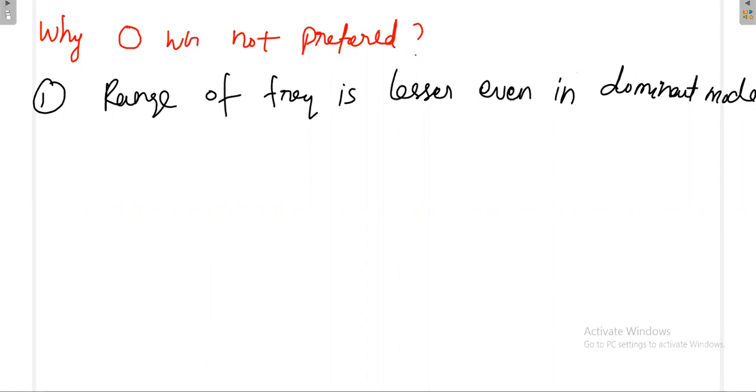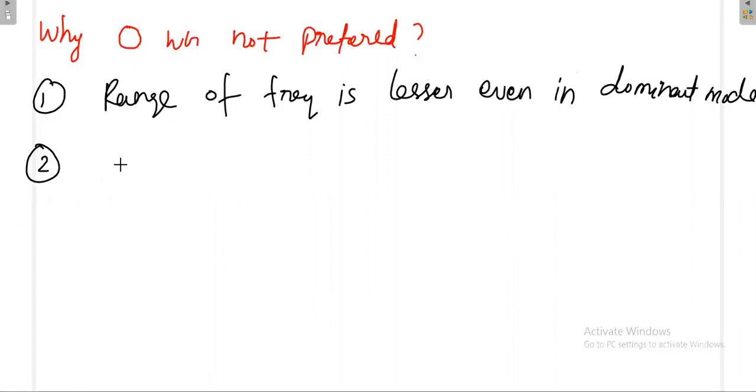Next, due to the circular symmetry, it may alter the polarization. Whenever an electromagnetic signal goes through the circular waveguide, there is a chance that the polarization may be altered. But in the case of a rectangular waveguide, the alteration of polarization is not possible. But in the case of circular, it is possible.